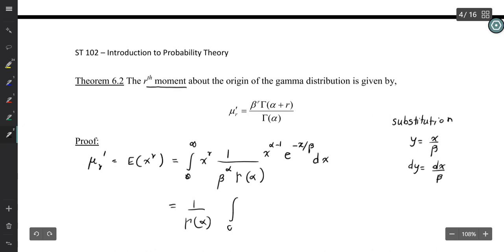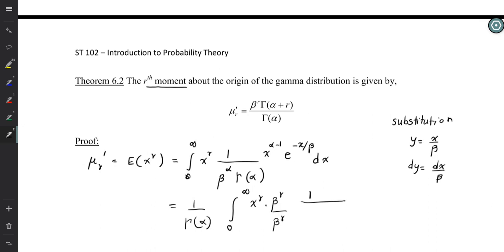Since we need extra terms for beta, that means we need beta to the power r, otherwise we cannot combine x and beta. So let's multiply and divide the whole expression by beta to the r. It is like we multiplied by 1, so nothing has changed.